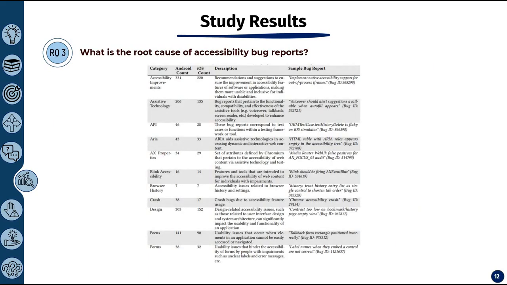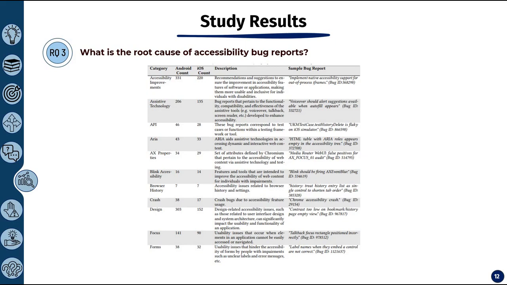For the third question, our objective is to highlight the major factors contributing to accessibility issues in Chromium. Identifying the root causes of accessibility issues informs decisions during the development process to promote the adoption of accessibility. To identify that, we filtered and categorized the accessibility bug reports, and we ended up with 18 categories.